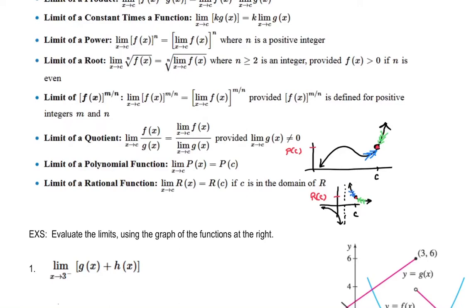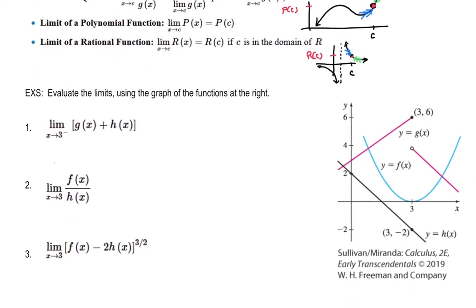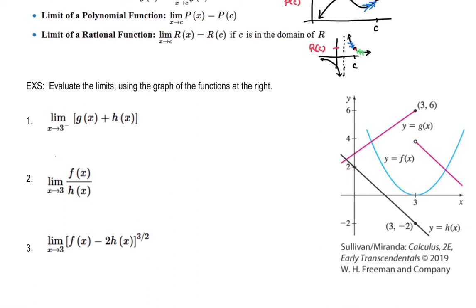But first, we're just going to apply some of those initial properties with this example taken from your Sullivan book. The limit as x approaches 3 of g of x plus h of x. We may not write this out every single time, but what we know is that the limit of a sum is the sum of the limits.